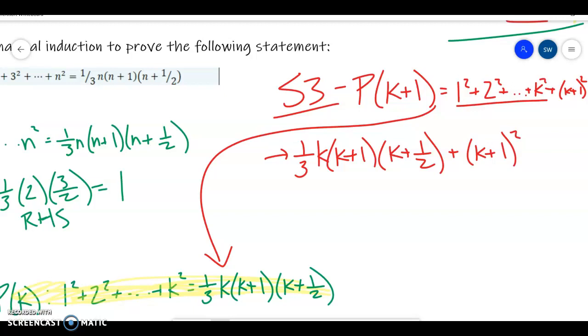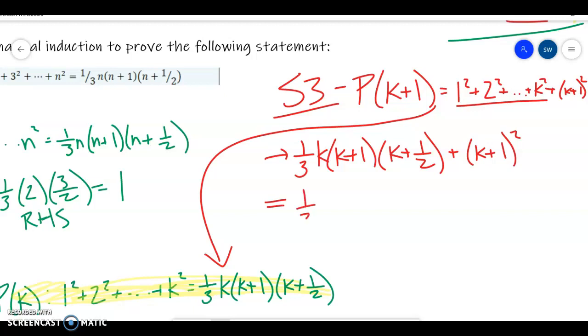Okay, so now what are we going to do? Are we going to multiply this all out? That doesn't sound super fun. Let's factor out a k plus 1. I haven't done this problem, obviously, so let's see what happens.